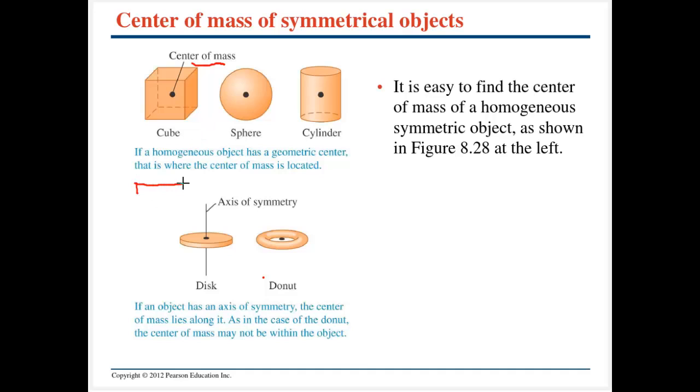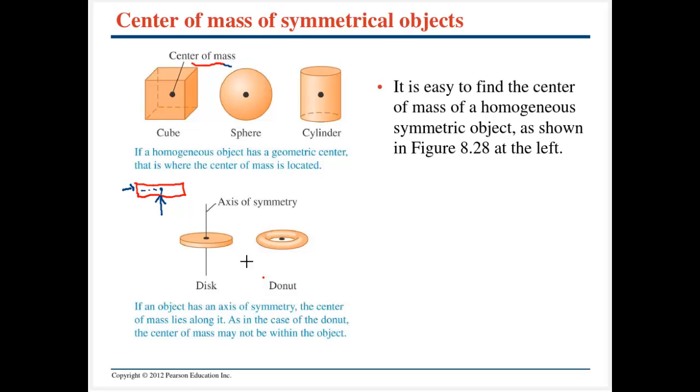I mean, if we had a meter stick like that, then the center of mass is going to be where you balance it right there, probably about the middle of it. Cubes and spheres and cylinders, all that stuff, it's going to appear in the middle of it. So we have in effect been treating the center of mass to be the point that the motion has been about up until this point.